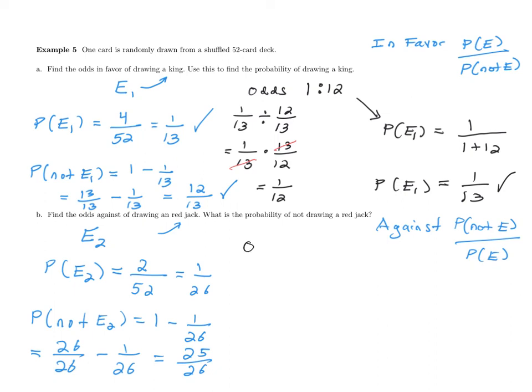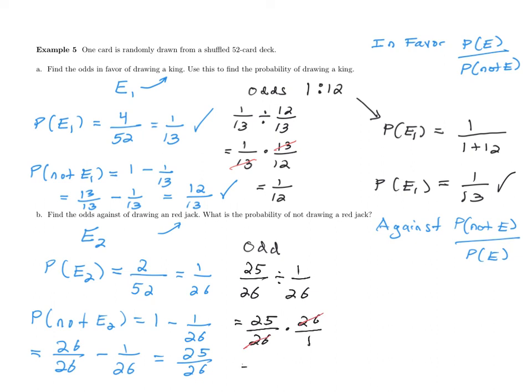So, what are the odds that this event occurs? It is now this number divided by this number, so we're dividing these two fractions. That is 25 over 26 divided by 1 over 26. To divide, we change to multiplication and flip the second fraction, which works out great because the 26s cancel.